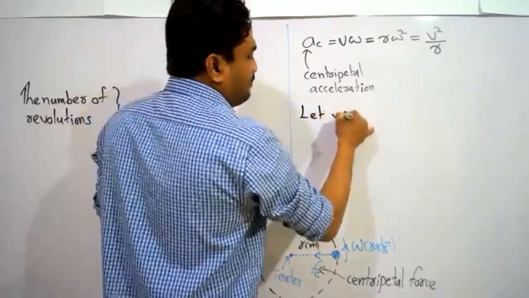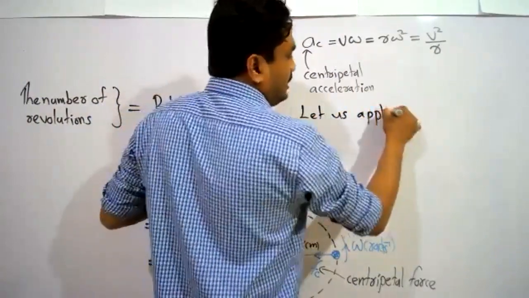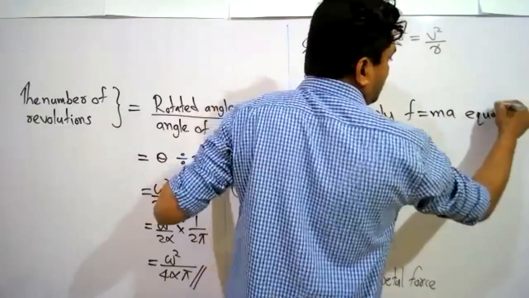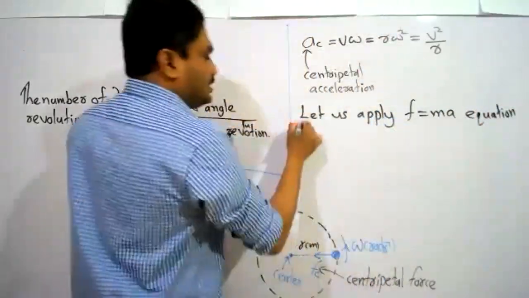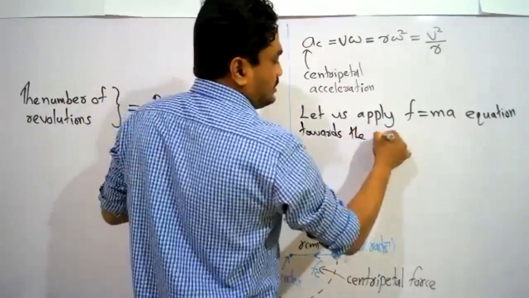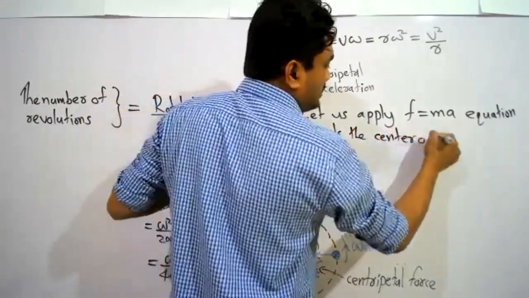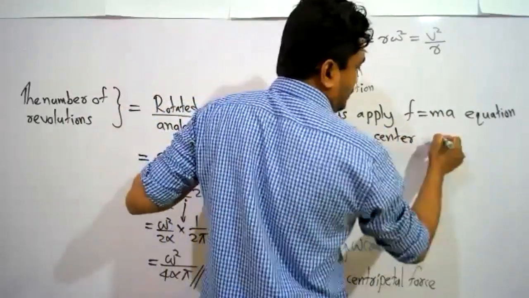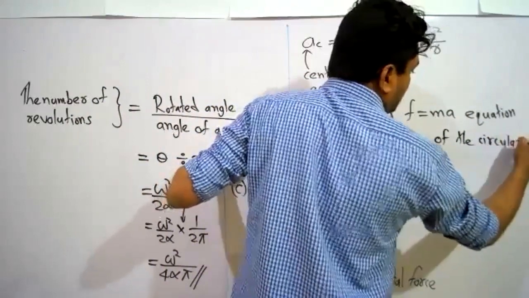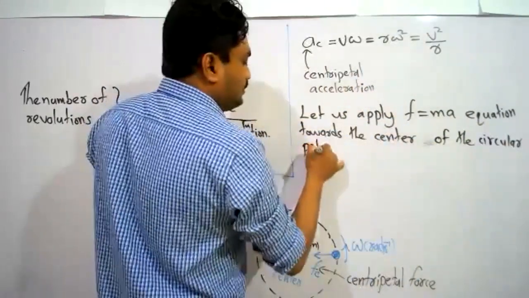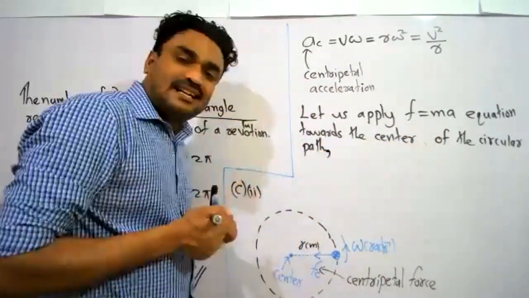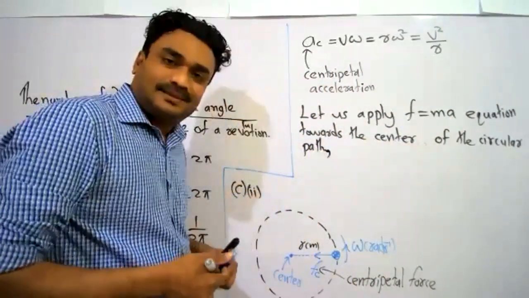Let us apply the F equals MA equation towards the center of the circular path. The only force acting towards the center is the centripetal force.